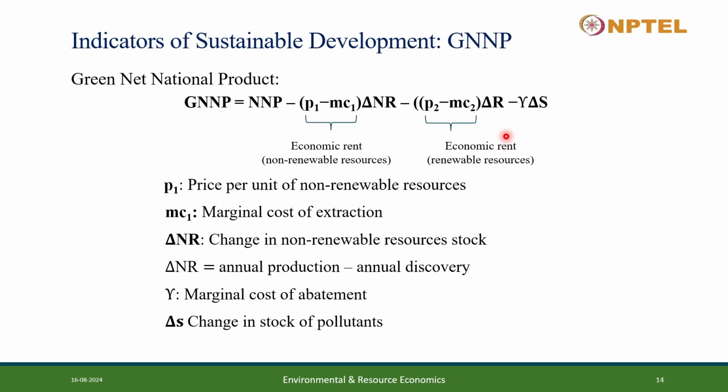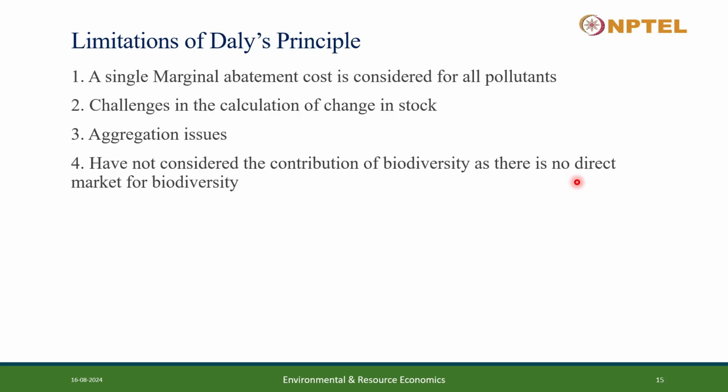Lambda can be different for different pollutants, but in this formula we are taking lambda as 1. However, the cost of abatement of CO2, SO2 and other pollutants might vary. So that is the first limitation.